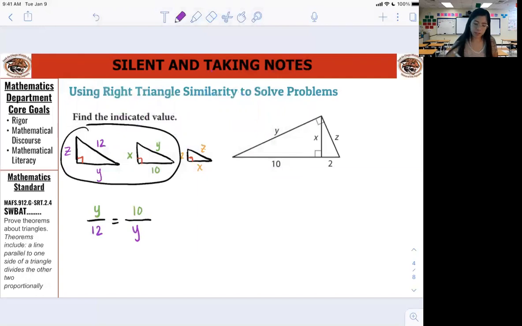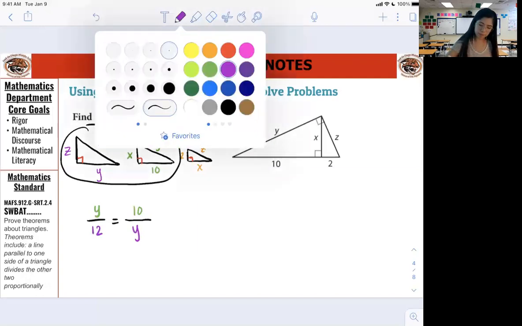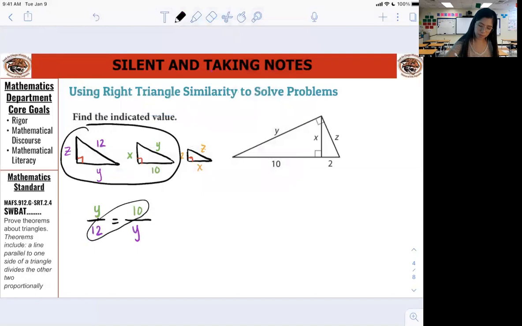Okay, well now let's actually see what happens when I do my cross multiplication. What do I end up with here? Y squared is equal to 120. Good. Well, what can I do to get rid of that exponent? Because I have Y squared, but I want to know what Y is on its own.